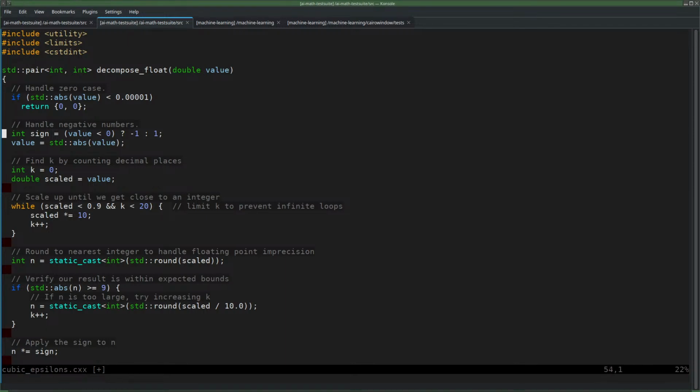Negative numbers, okay, we can remember the sign, we make it take the absolute value, find k by counting decimal places. So we're going to multiply value with 10. So if we didn't reach, well, say 0.9 should be seen as 9 times 0.1.